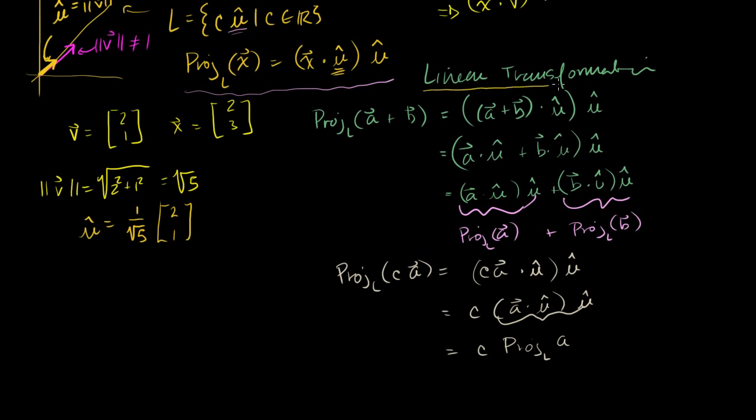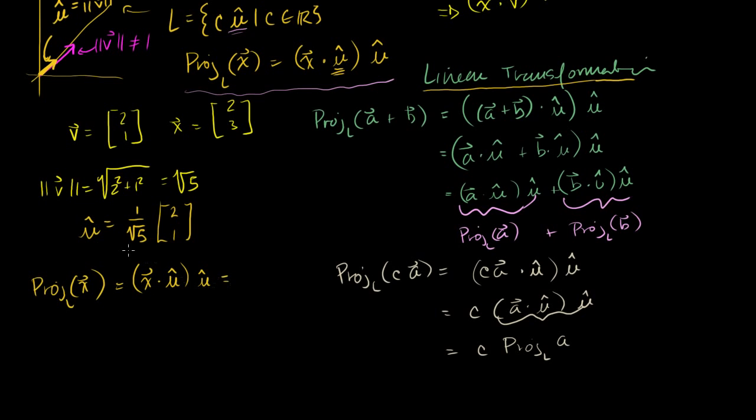So we know that our projection onto a line L in Rn is a linear transformation. And that tells us that we can represent it as a matrix transformation. We already know the definition of the projection of x onto L. It doesn't hurt to rewrite it as x dot some unit vector that defines our line, let me draw it with a little hat to show that it's a unit vector, times the unit vector itself, so that we actually get a vector.